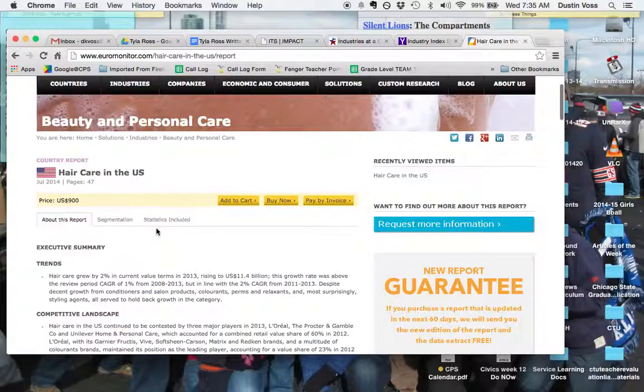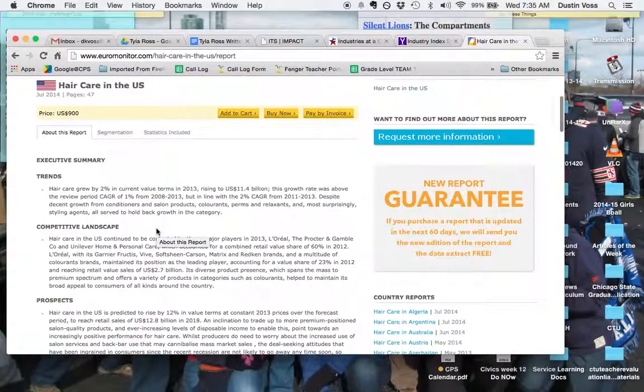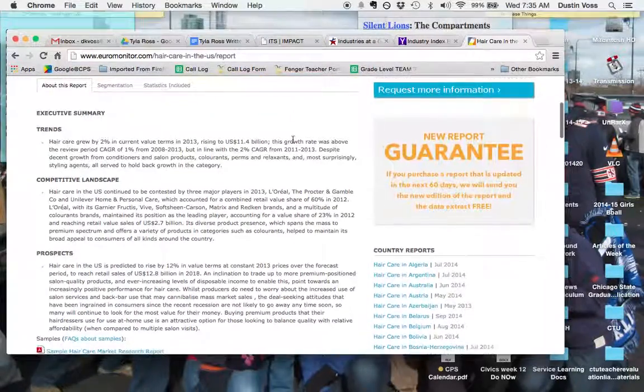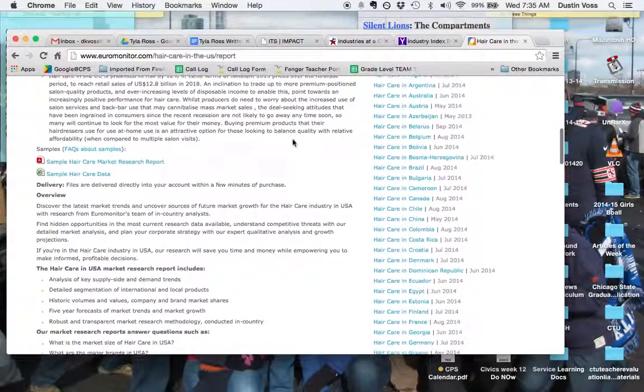They're trying to sell something here, but I can get this. Hair care grew 2% in terms of current value, rising to $11.4 billion. Okay, so now I've got some information here.